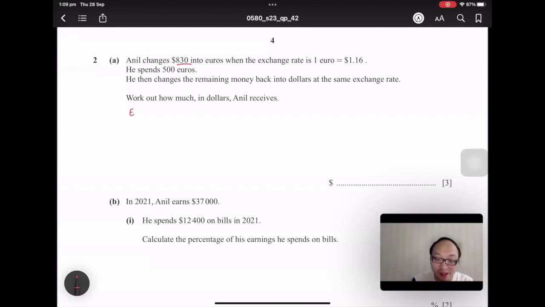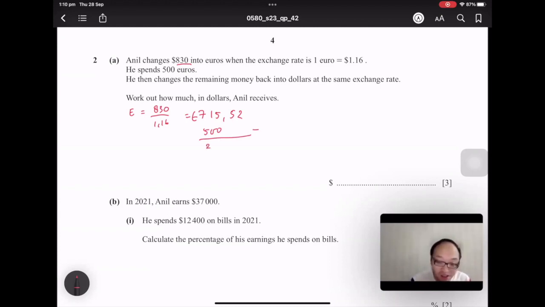So that means we have to divide the number of dollars by the rate to get the euros he got, 830 divided by 1.16. So he only got 715.52 euros. And then he spent 500. So we can minus 500.